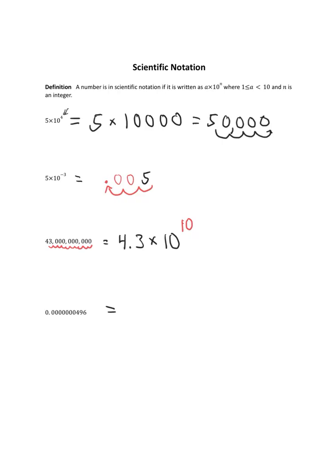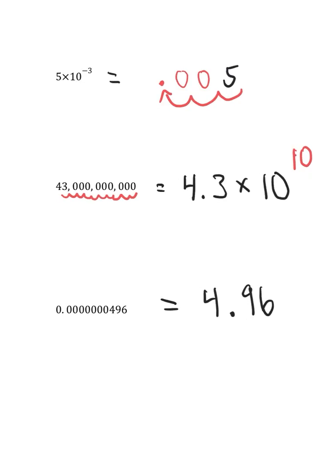All right, this one here, the 496, we want that to be 4.96. So get that to where it's a single digit number followed by a decimal. So as opposed to 49.6, in scientific notation we want that number to be between 1 and 10. So less than 10, like a single digit number. All right, how many places? This one's a little tricky. I'm going to zoom in, might be easier for you to see as well, easier for me.